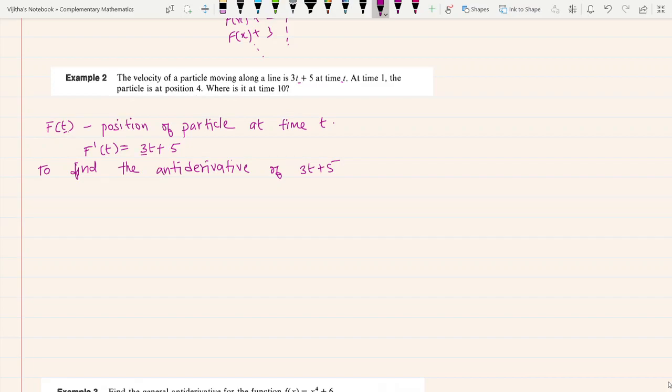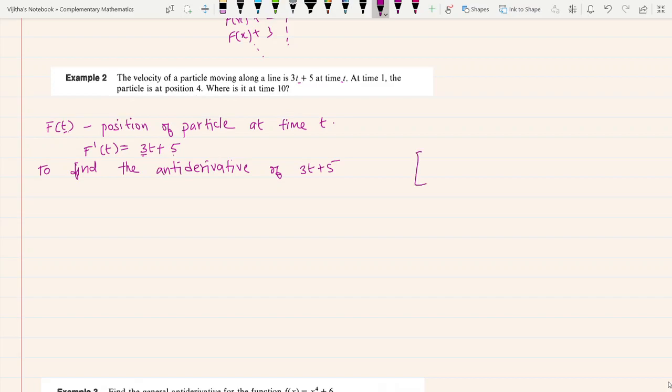So to get the position, we have to find a function whose derivative is 3t plus 5. So we must find the antiderivative of 3t plus 5. Now what will be the antiderivative of 3t plus 5?